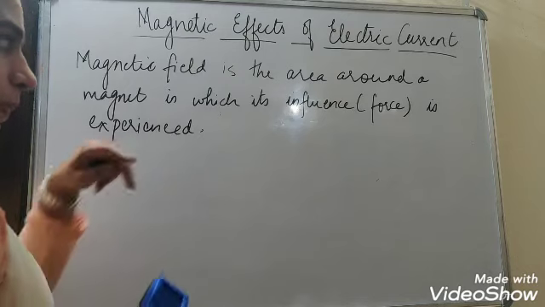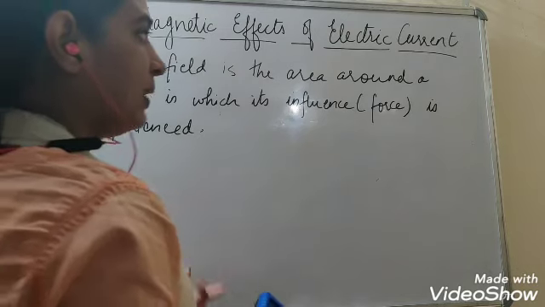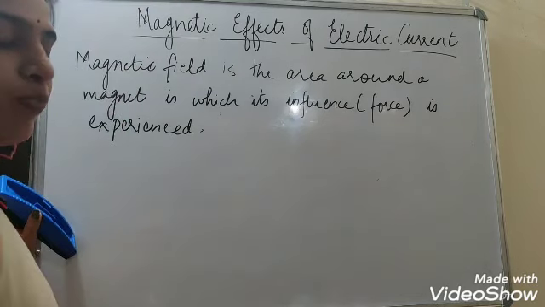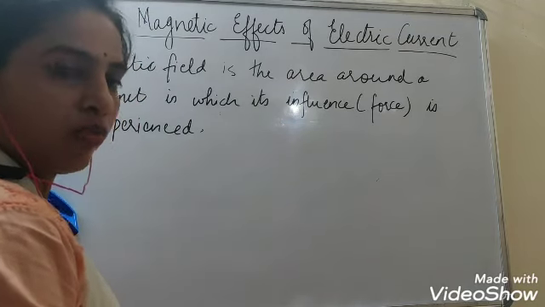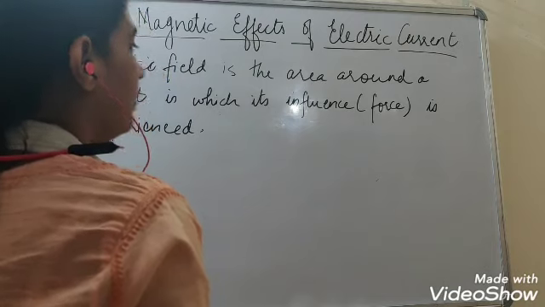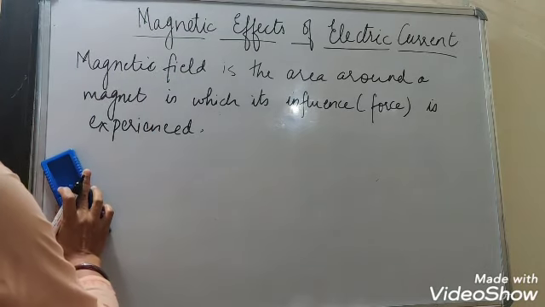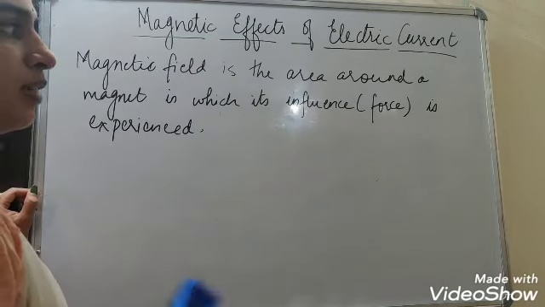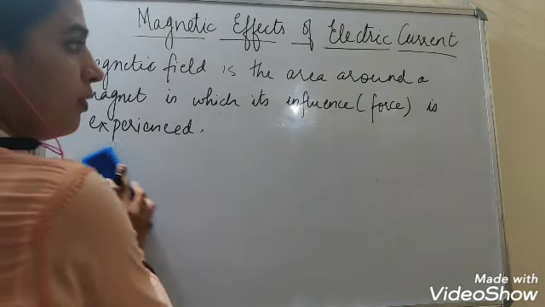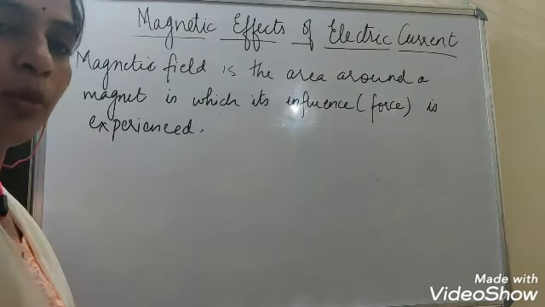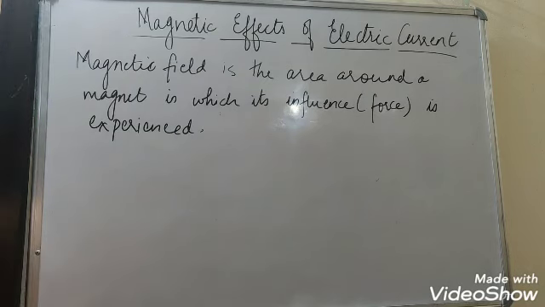Now, magnetic field strength is denoted by SI unit, Tesla or Weber per ampere meter square. Now, we'll study various magnetic fields of different magnets and we'll see what are the properties of magnetic field and magnetic field lines.